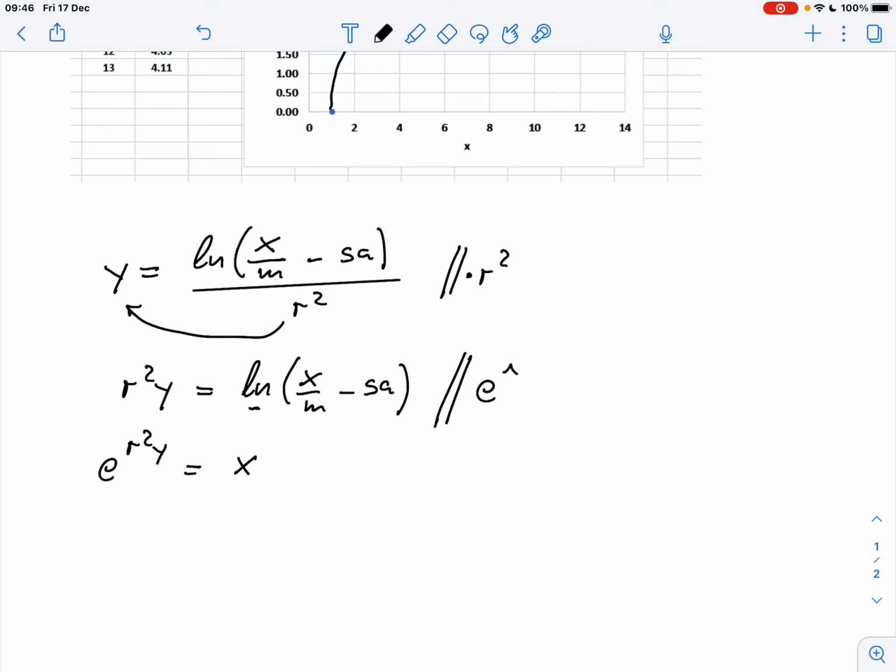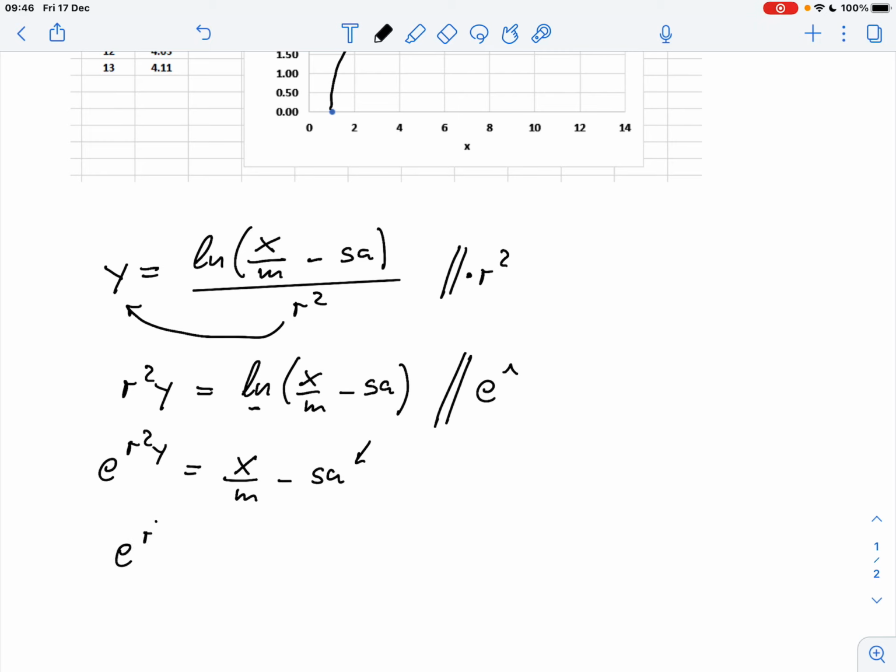So I have x over m minus sa on the right hand side. Now what I can do is bring x and sa to the same denominator, and I do so by simply extending this sa term by m.